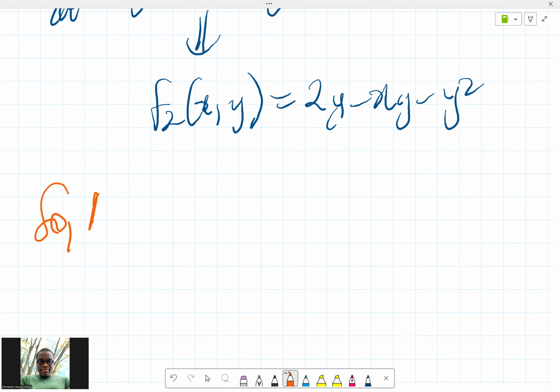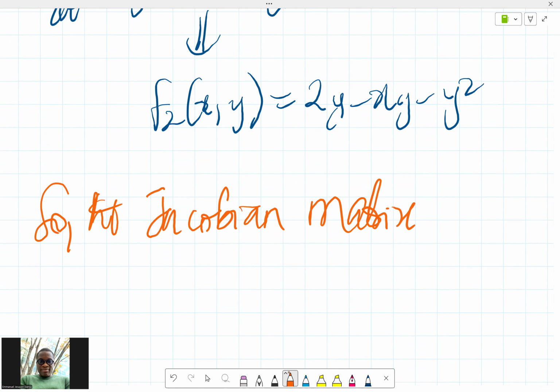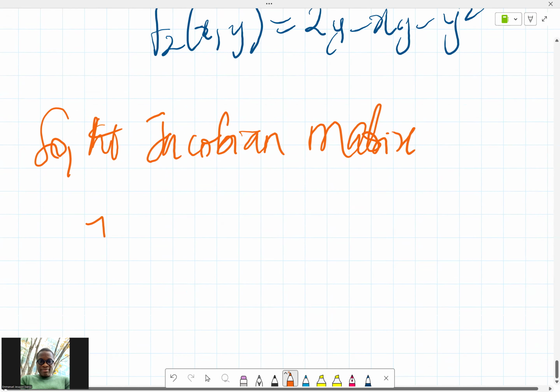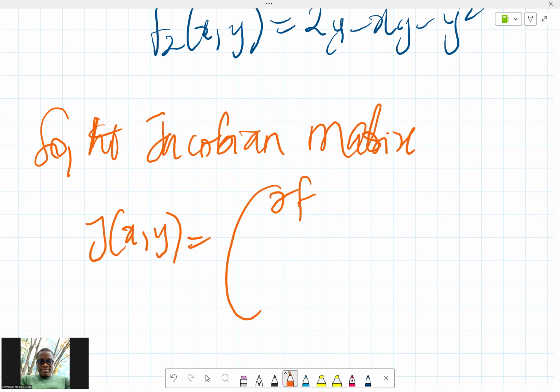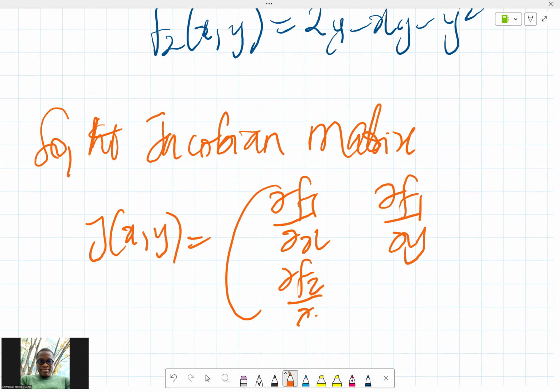So the Jacobian matrix will be J of x comma y, which is equal to partial f1 partial x, partial f1 partial y, and then partial f2 partial x and partial f2 partial y.